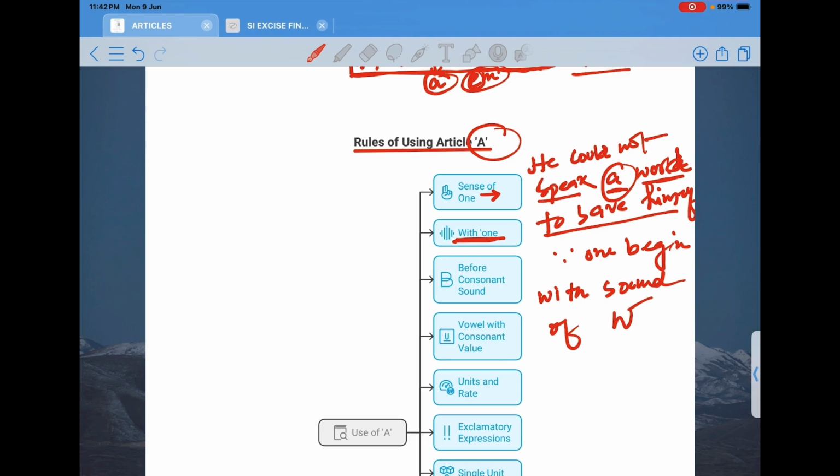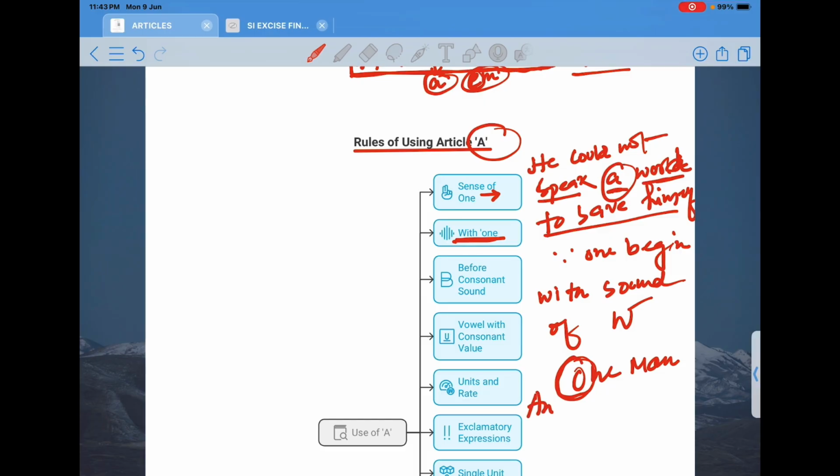Now when we talk about "one man", suppose, "one" starts with a vowel letter. According to the rules we saw in the first article, before any vowel you will use "an".